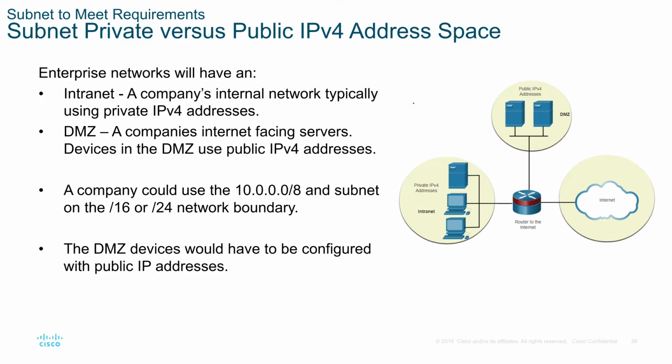You may have the DMZ, and this is where a company may put their web servers for their publicly available website. When we deal with security, the inside network, the intranet here, has a value of 100.